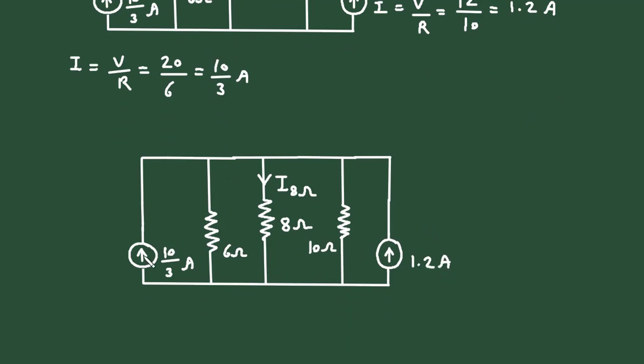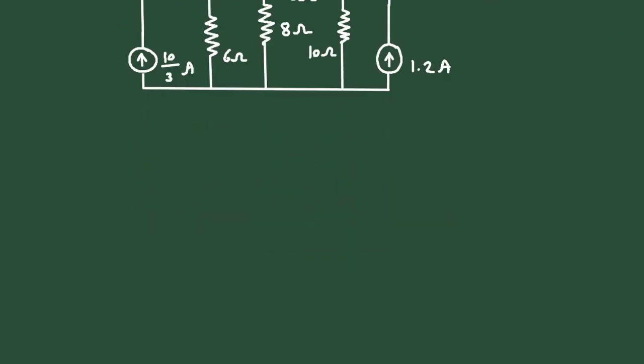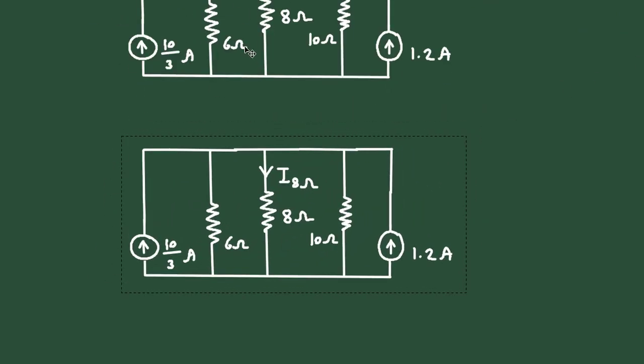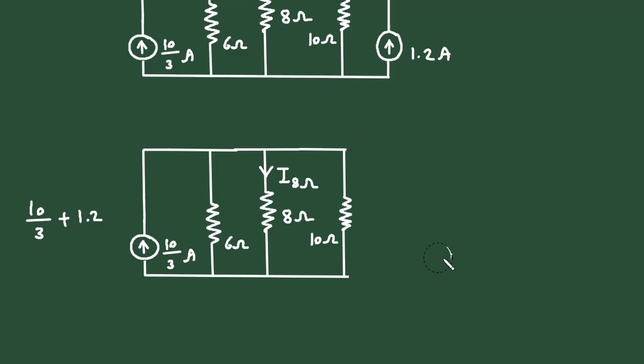Now we will solve this current source and this current source. Since they are connected in parallel, their equivalent current source will be in the upward direction and it will be 10 by 3 plus 1.2. Now we can erase this current source, and the direction will be upward.